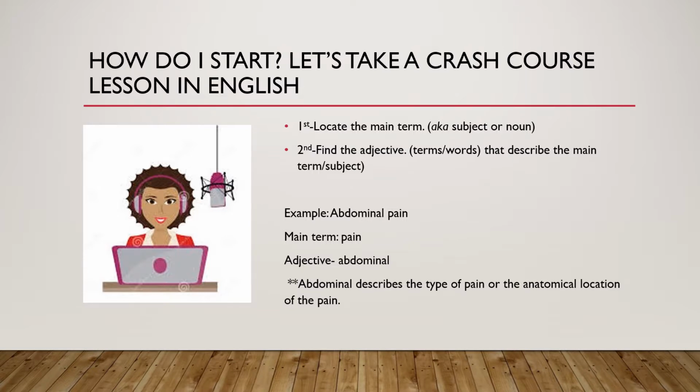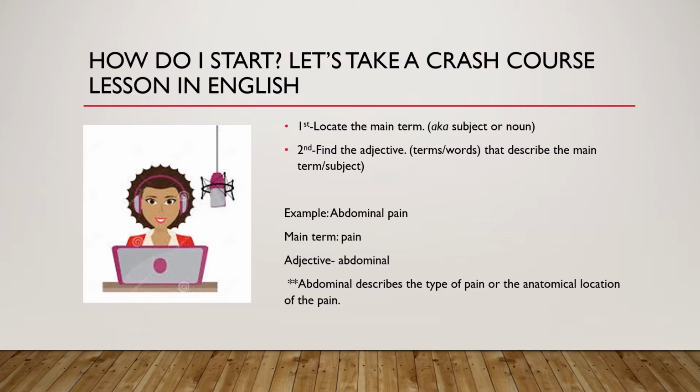That would be incorrect, because pain is the issue that's being described, or it is the diagnosis that was assigned to the patient by the healthcare provider. Abdominal just identifies what type of pain or the anatomical location of that pain.